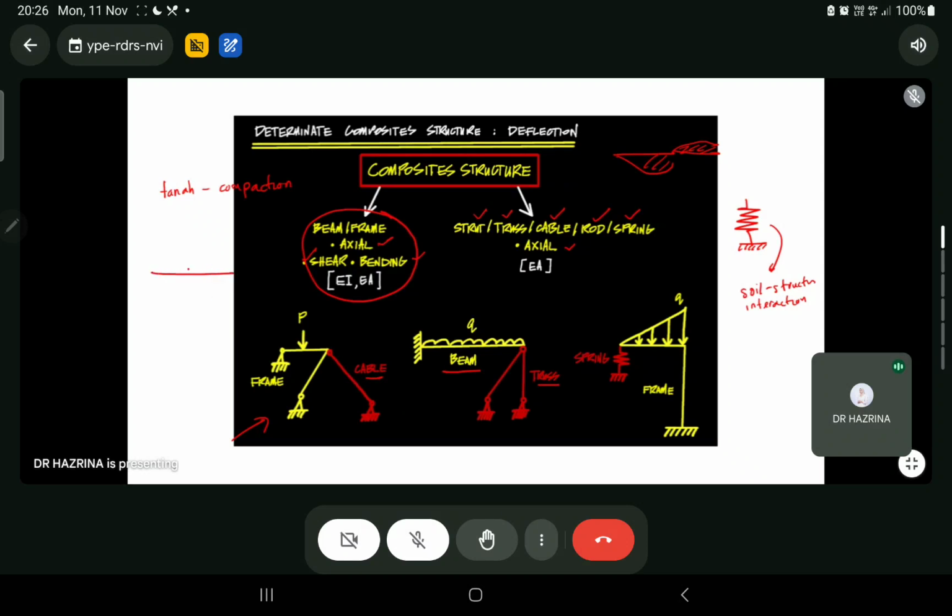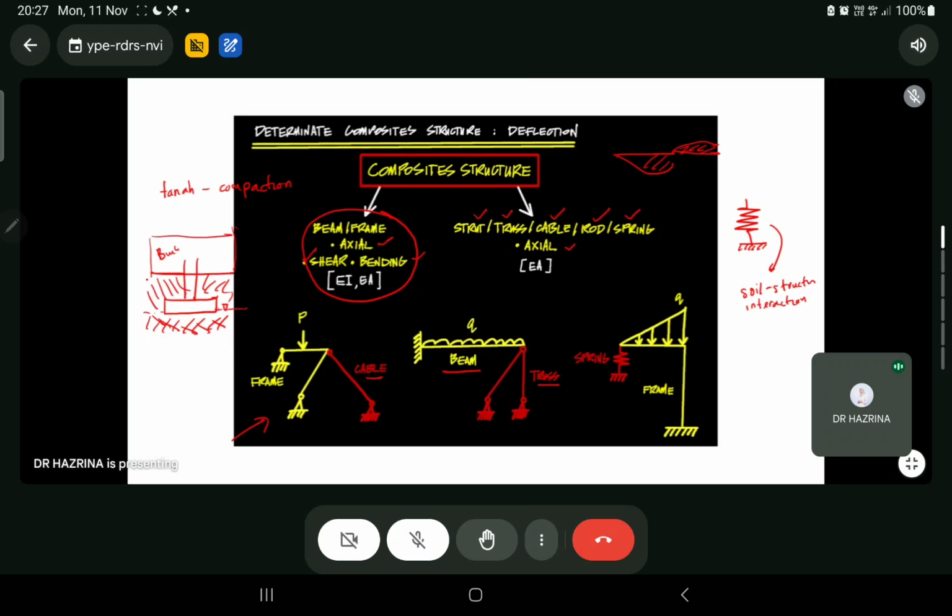So let's say this is the tanah and then kita ada, let's say we are putting in the pad footing. Okay, so kita pun buatlah tanah. So yang level tanah ni semua kita dah compact. Kita dah compactkan, ini pun kita dah compactkan, semua ni kita dah compactkan. So somehow rather, okay, bila you dah buat bangunan tu semua, maksudnya ada bangunan yang dah didirikan di atas tanah tersebut.